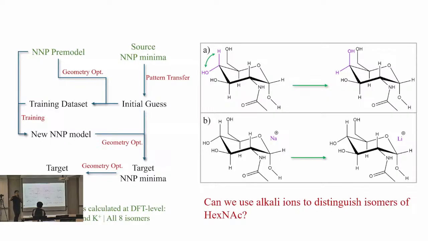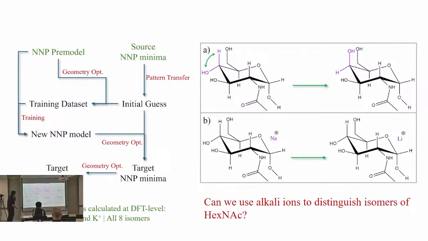If we want to sample the lithiated structures, we just directly replace sodium with lithium. Now, the new sample structure, of course, will not be in its most stable state, because there's a change in the charge density, and so we still have to optimize it. But again, the idea is that it should not take too many steps to re-optimize to the lower energy.